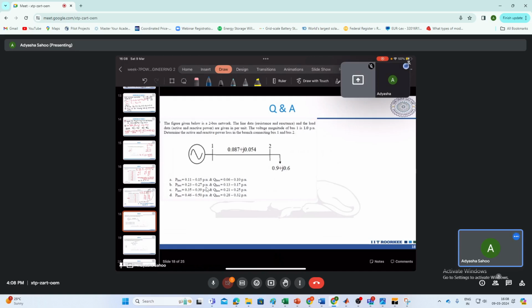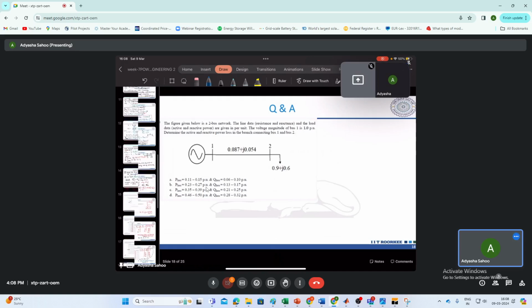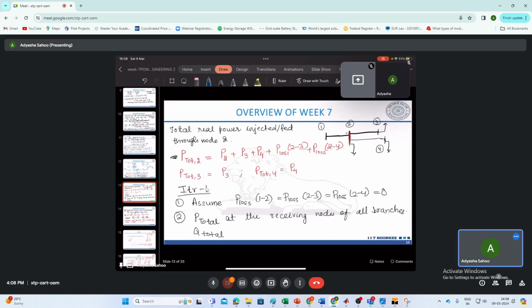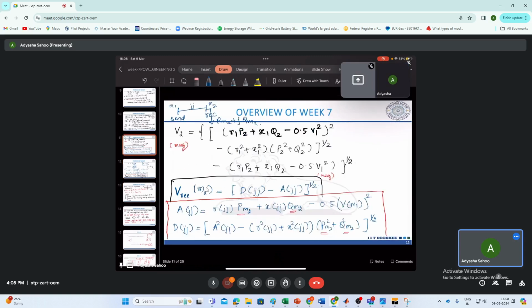Basically this will be method 2, because only voltage magnitude is given and losses are asked. From method 2, A and D we first need to calculate.